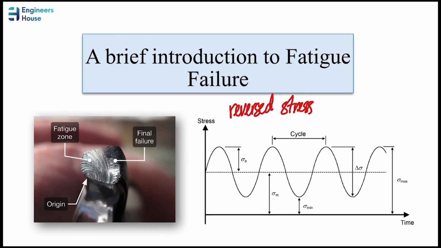As you remember from statics, compression is negative, but tension is positive. So as long as you're moving between these two equal but opposite magnitudes, you have a zero average. Having a zero average will lead you to a completely reversed stress cycle.